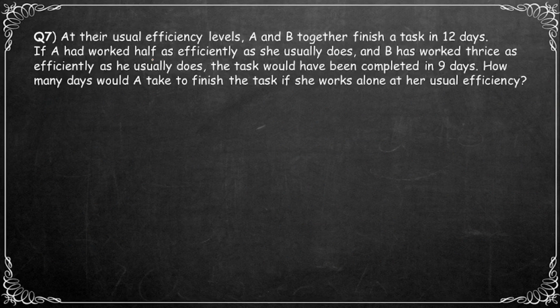Question 7. At their usual efficiency levels, A and B together finish a task in 12 days. If A had worked half as efficiently as she usually does, and B had worked thrice as efficiently as he usually does, the task would have been completed in 9 days.